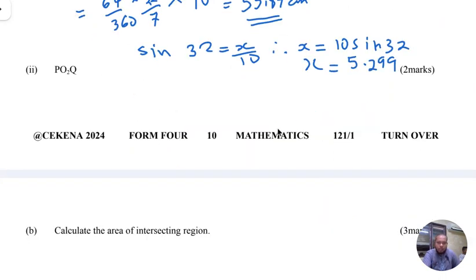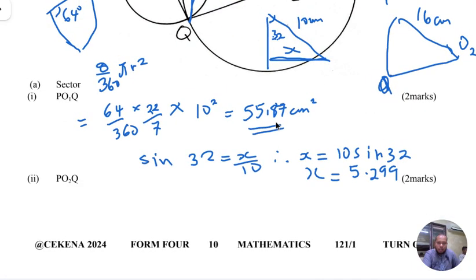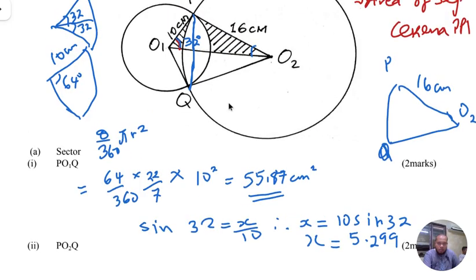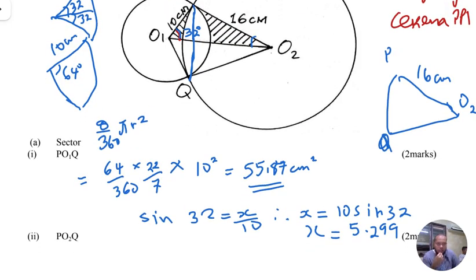So tayari uko na 5.299. Baadaye ukishajua ni 5.299 ndio kufanya nini? Wachora triangle nyingine. Hiyo triangle sasa ukichora hapa ni hivi. So hapa 90 ndio hii triangle hapa. Hujui hii angle na hii angle ndio tutafute.